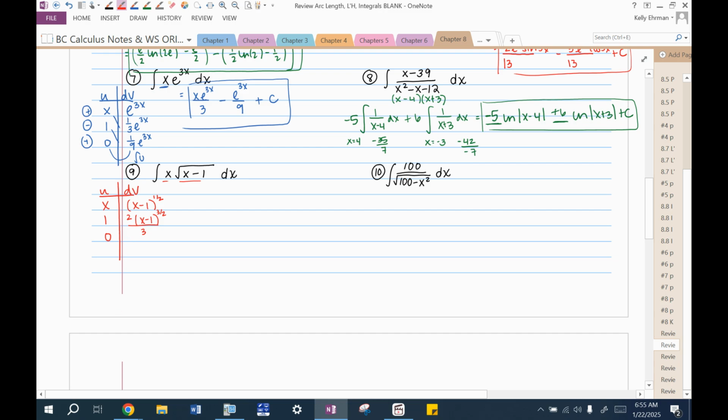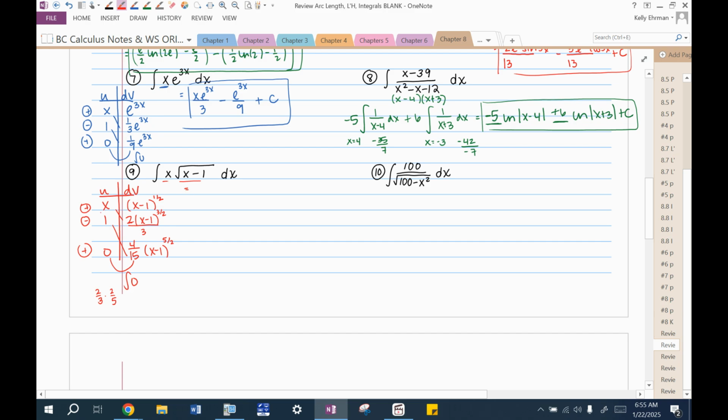So when you integrate this, this is going to become x minus 1 to the 5/2 divided by 5/2. So 2/3 times 2/5 will be 4/15. And then we do plus, minus, plus, connect diagonals, loop around, integral of 0. And we should get right down to our final answer then.